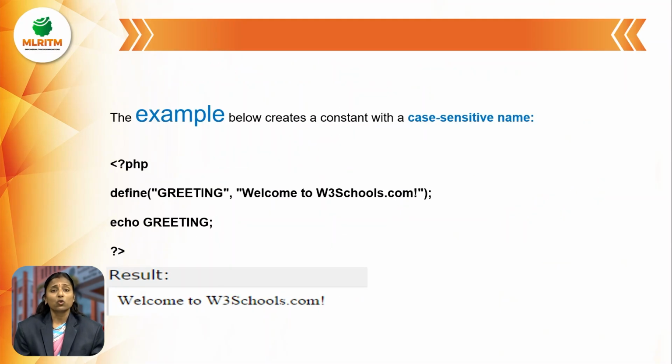Then we will go for one simple example regarding constants. Here we have already discussed how we write a PHP program. PHP define greeting, welcome to w3schools.com. What is the use of this? We are printing these values: echo greeting.